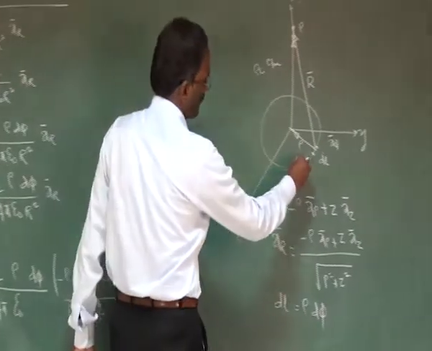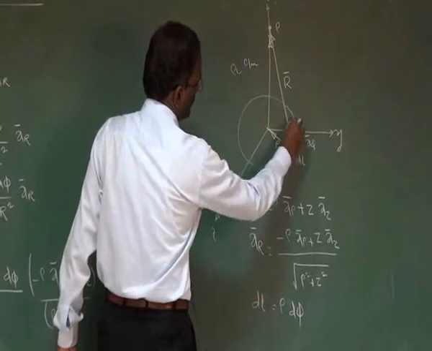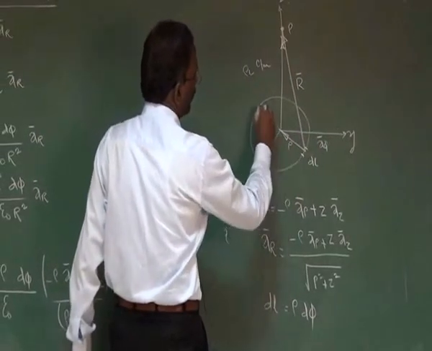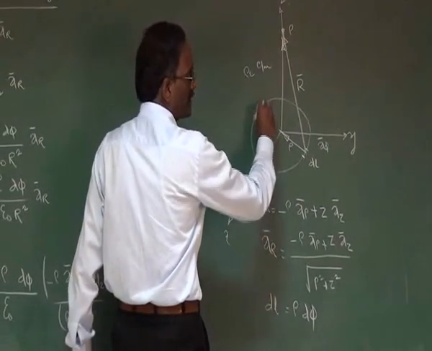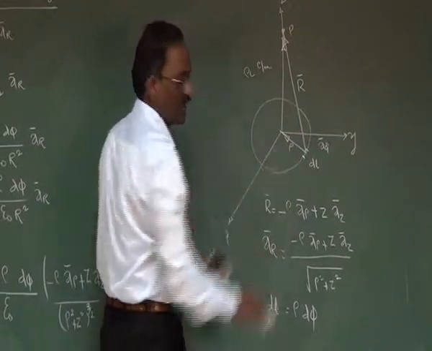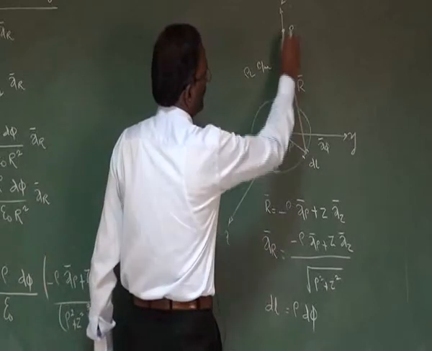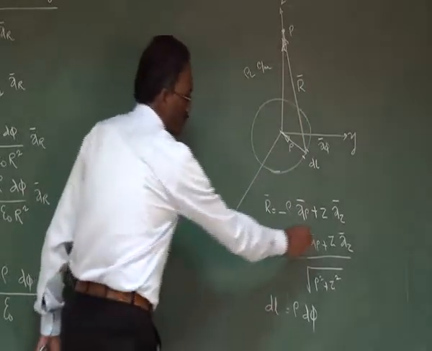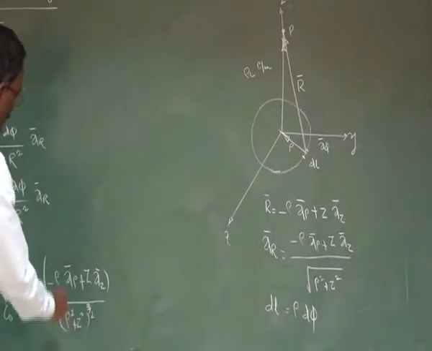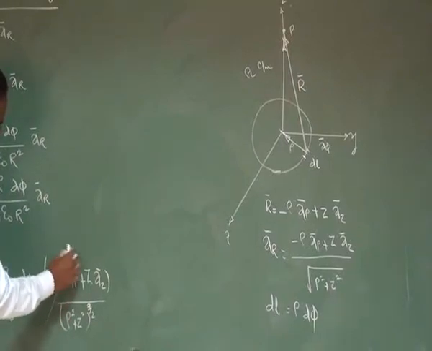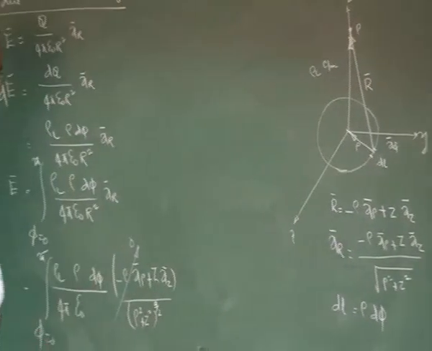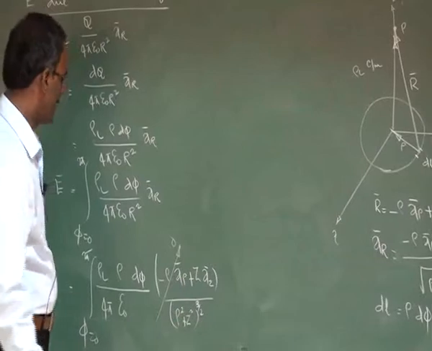As before, for each and every point present on this side of your circular ring, the equal and opposite point is also available on the other side of the circular ring. So, they contribute and their effective value at this point will be 0. So minus rho a rho component will not be present in the output result. This component will become 0, I will have only z a z only, right.